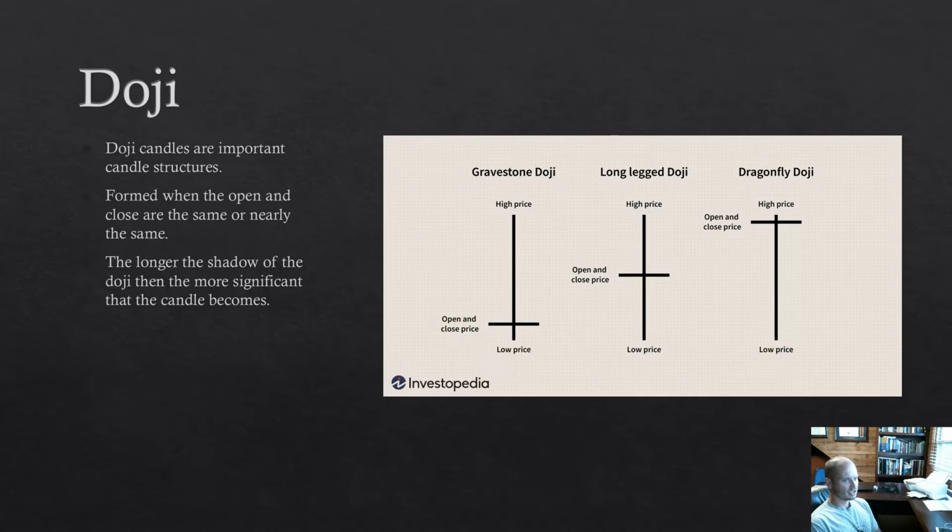You'll see the gravestone doji, and a lot of times it'll be formed in a downtrend.